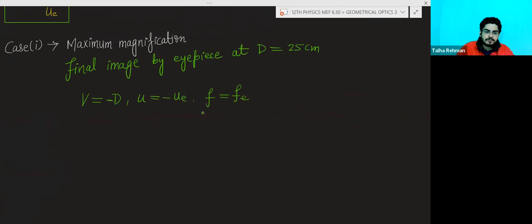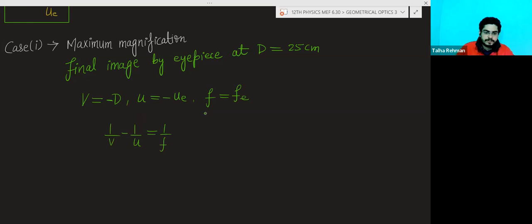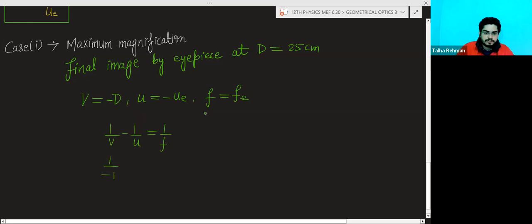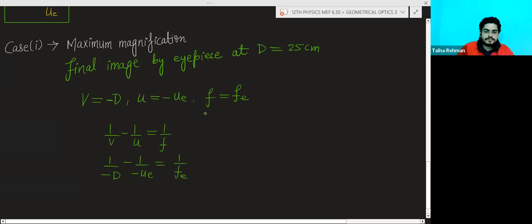Now you can apply this formula, 1 upon V minus 1 upon U is equal to 1 upon F. So it will be 1 upon minus D minus 1 upon minus UE is equal to 1 upon FE.